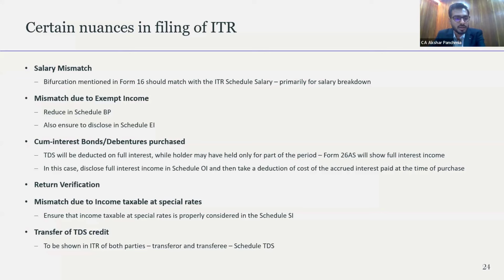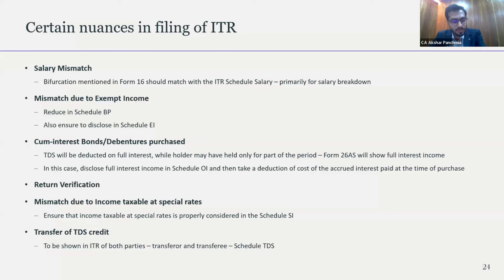Coming to the exempt income, when certain exempt income is earned by the assessee, especially an assessee where business income is there. So what happens is you create your PNL. The PNL final profit gets pulled into your Schedule BP by itself. In Schedule BP, now your exempt income is also being shown as the starting profit. In that case, you reduce your exempt income from the Schedule BP and go further ahead with your other disclosures.